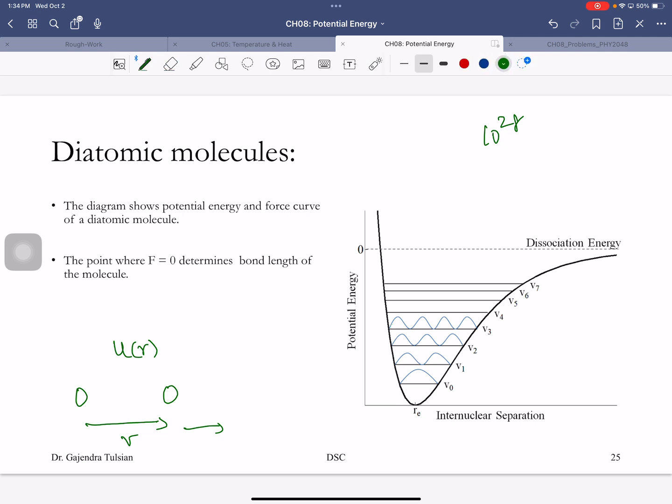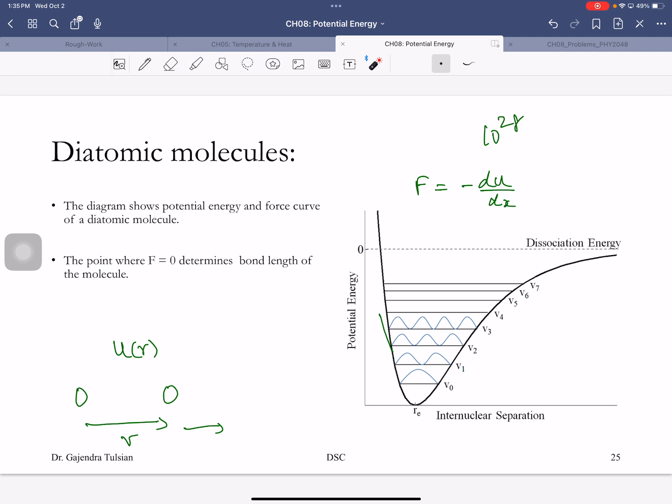Force is minus du by dx. So negative, negative, is positive. So the force on this guy will be in that direction. If the nitrogen atom is this far, du by dx is positive, so the force will be in this direction. When it's too close, the force is in that direction. When it's too far, the force is in this direction.